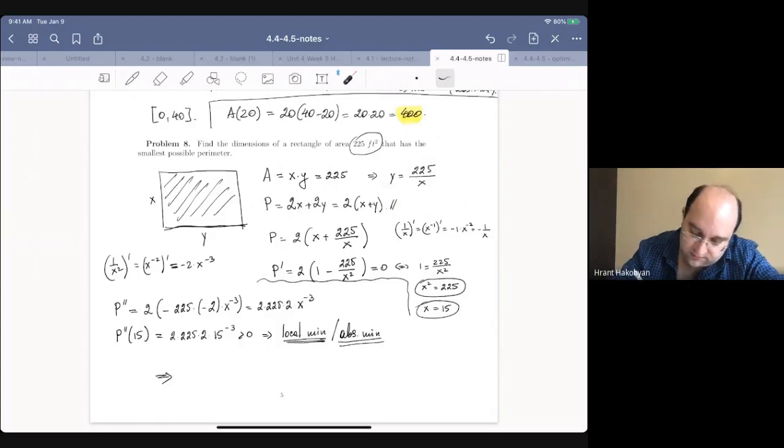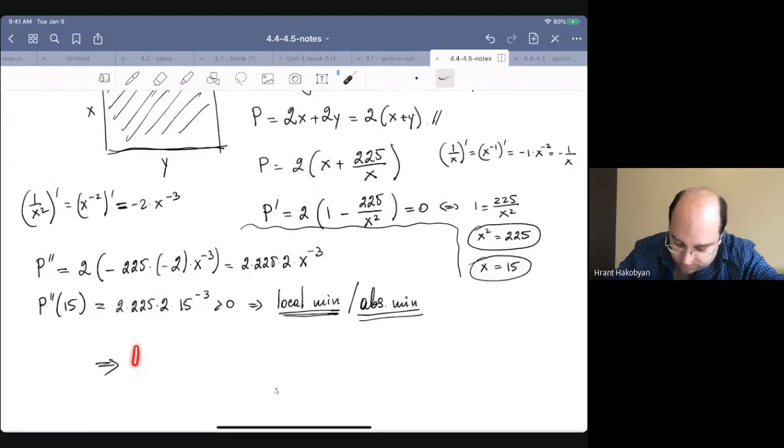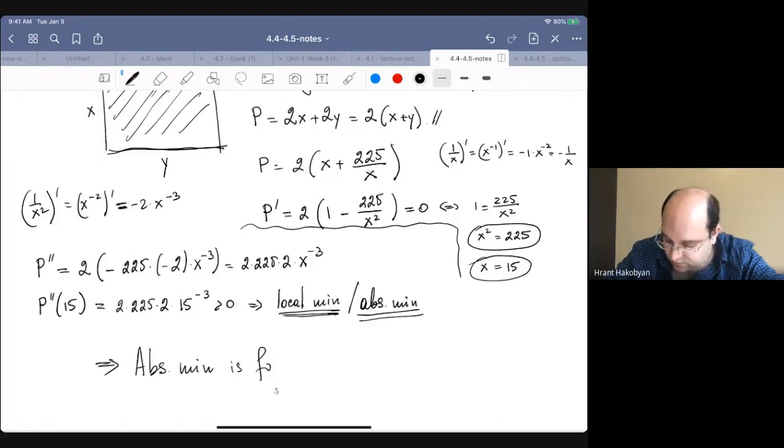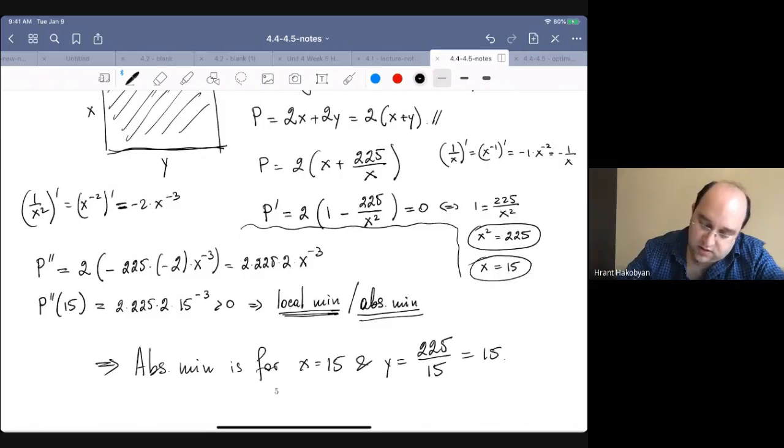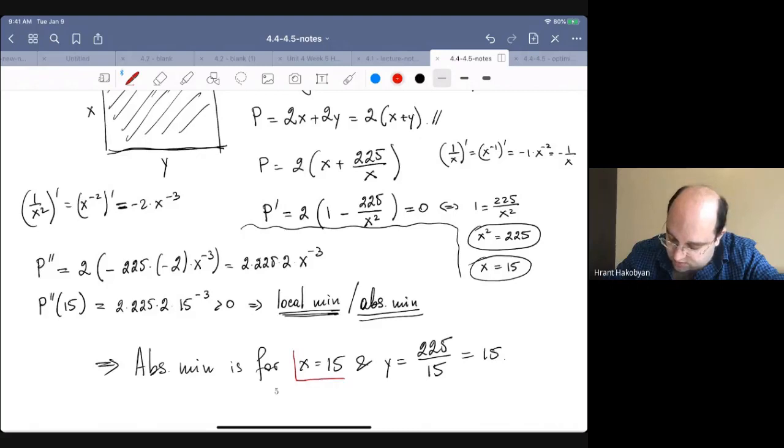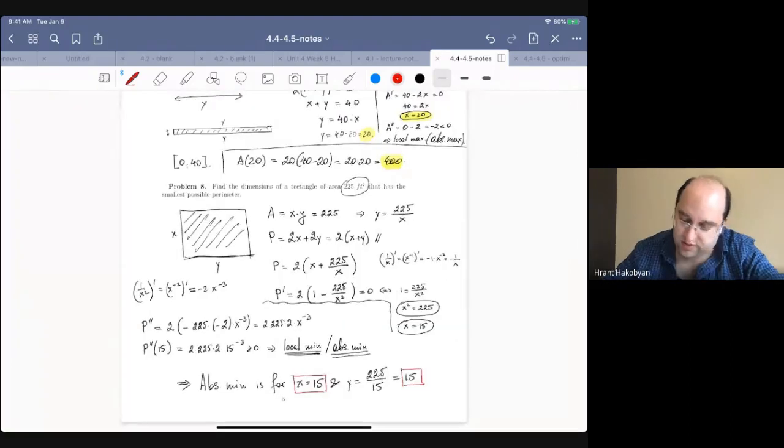So the absolute minimum is for x equals 15 and y equals 225 divided by 15, which is also 15. So that's my answer. So the dimensions are x equals 15 and y equals 15. Those are the dimensions where I have the smallest possible perimeter. Okay.